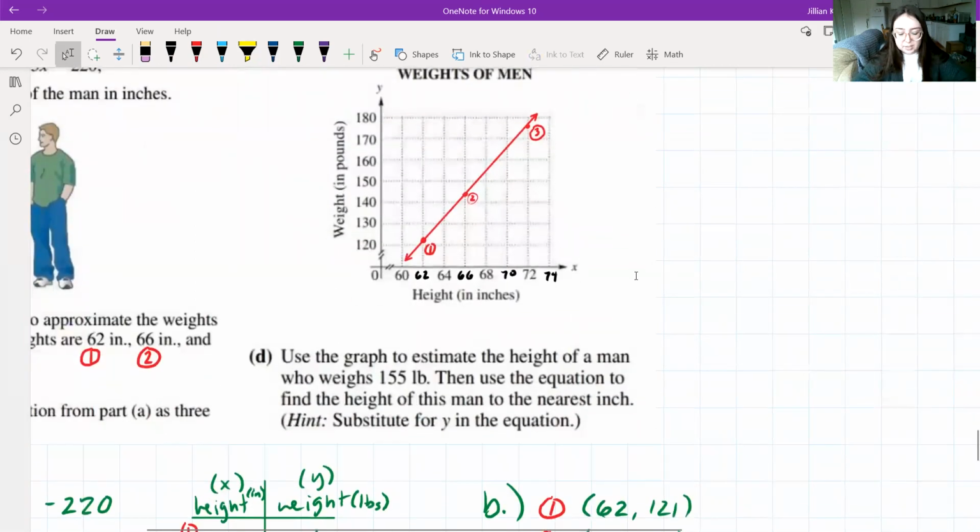So last part D, we want to use the graph to estimate the height of a man who weighs 155 pounds. Then use the equation to find the height of this man to the nearest inch. So now what we're doing is we are identifying this spot on our y-axis and tracking backwards to our x-axis.